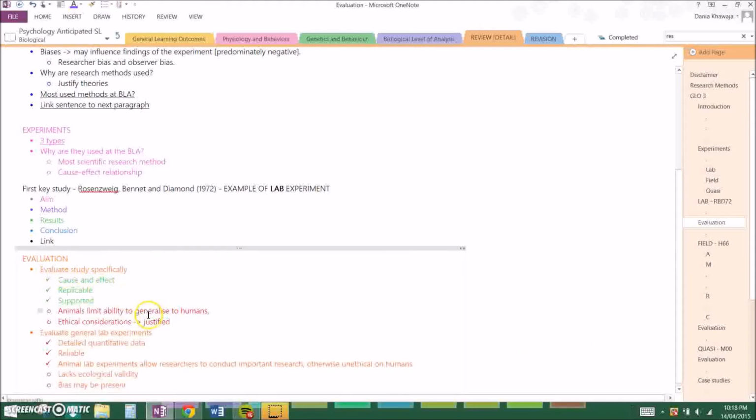And because I did study a specific study, I need to specifically provide some examples.